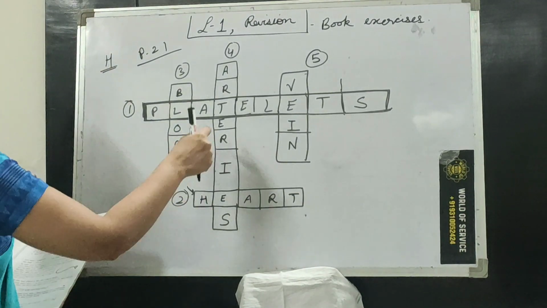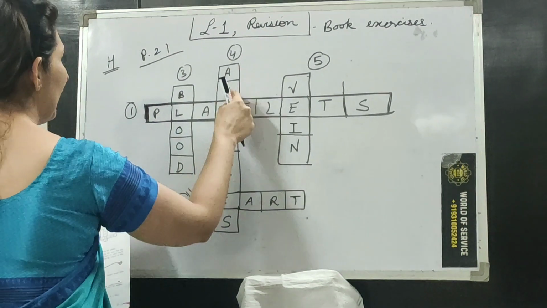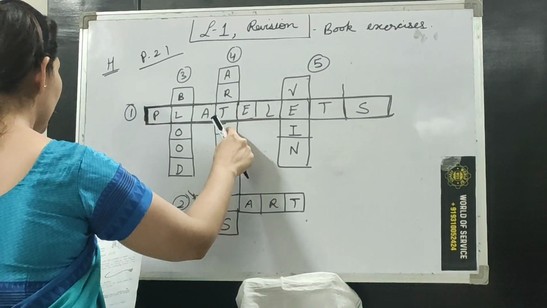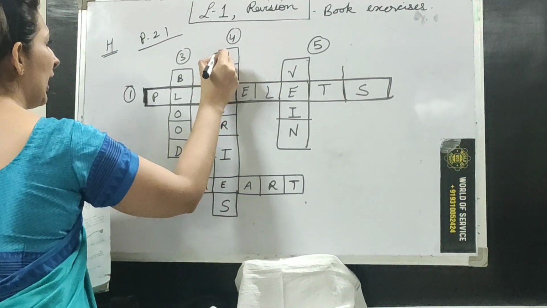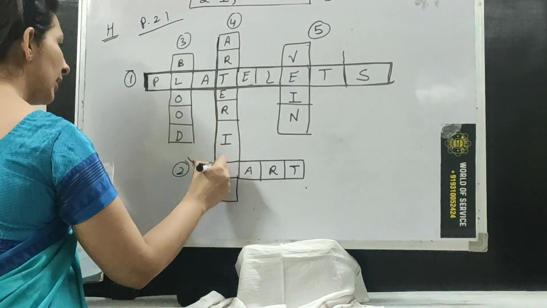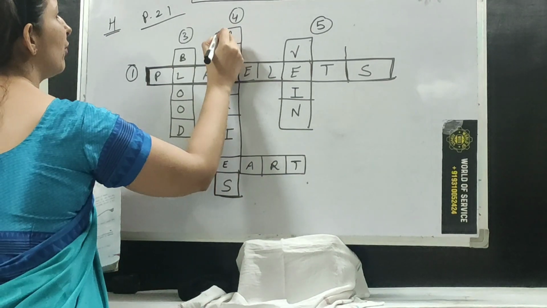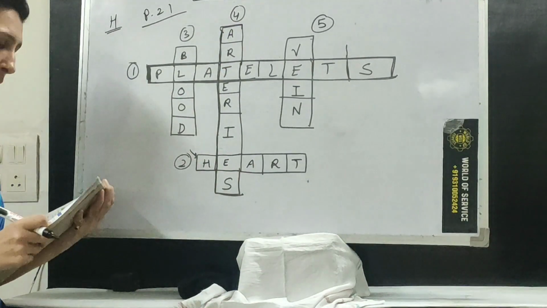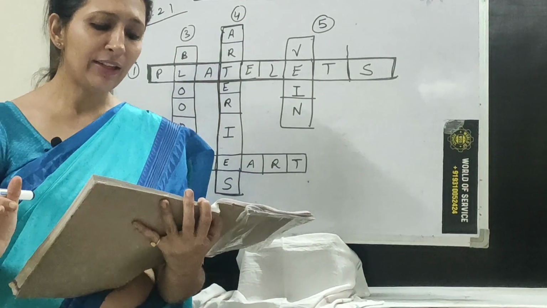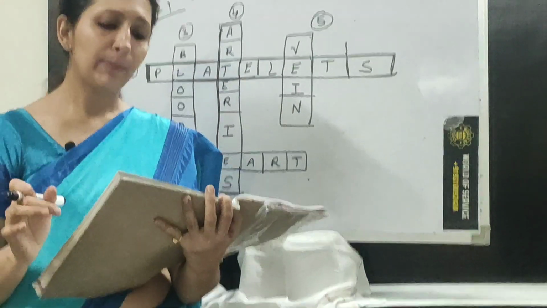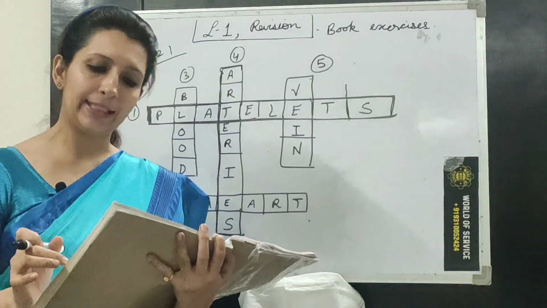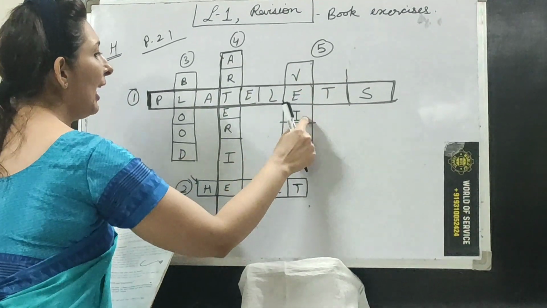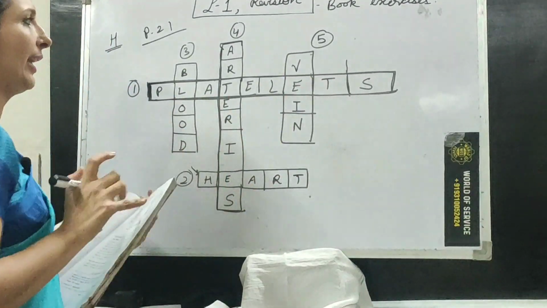So what is the spelling of artery? A-R-T-E-R-I-E-S, arteries. Please pay attention on this one. The last one, blood vessel which brings blood into the heart. So the correct answer is vein. V-E-I-N, vein. This is the correct answer.